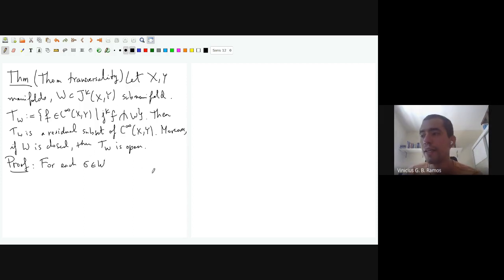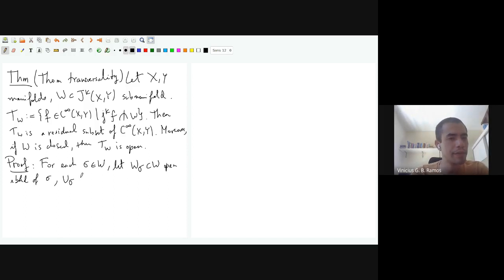So for each jet sigma, we're going to choose an open neighborhood W sigma of sigma that's sufficiently small.